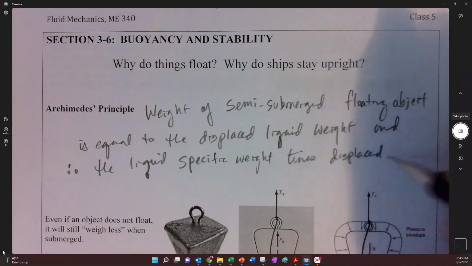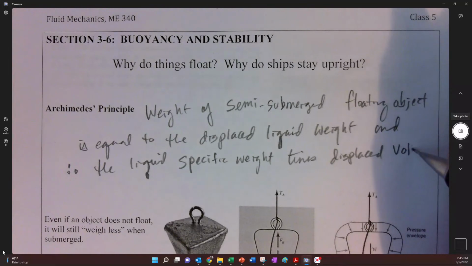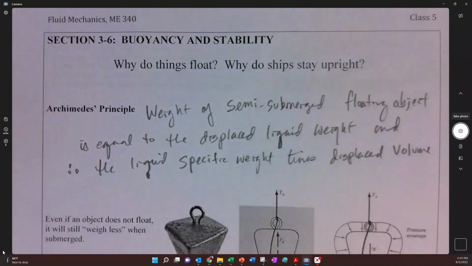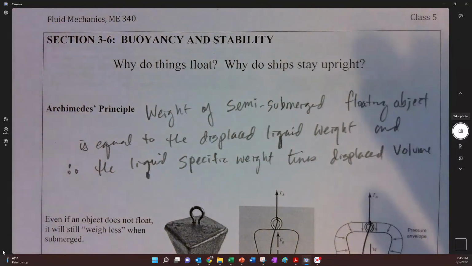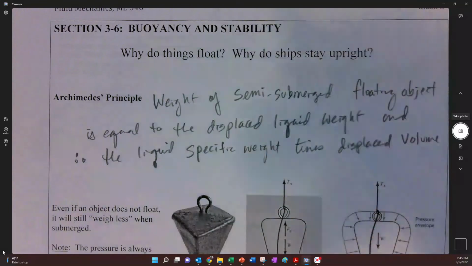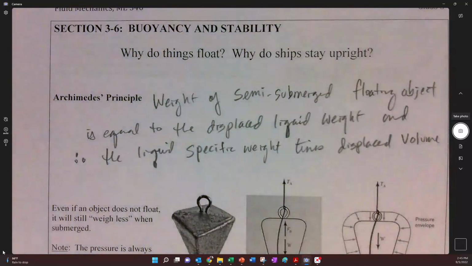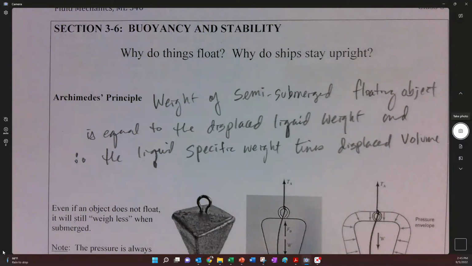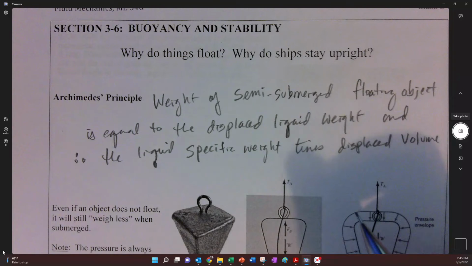And it's just like that word says, the displaced volume, right? When you put something in the water, it makes the water rise because it's taken up some space. Whatever that space weighed, it could be any liquid, a lot of times water, but if you put something in water and it moves water out of the way, the volume that gets displaced is going to be equal to the weight of the thing.